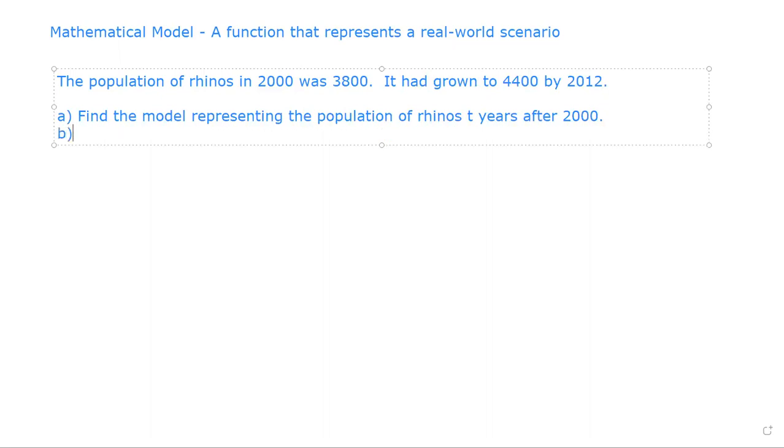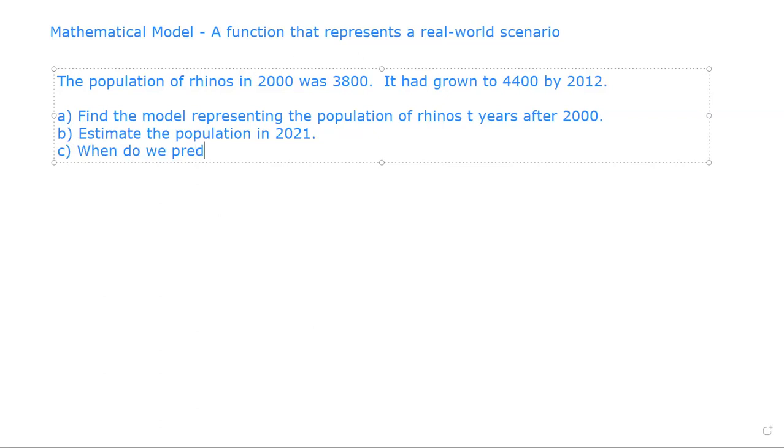Then we want to estimate the population in 2021. And then when do we predict the population will reach 5,300 rhinos?